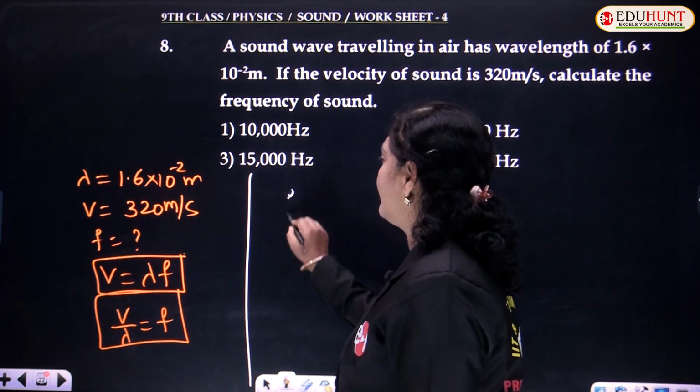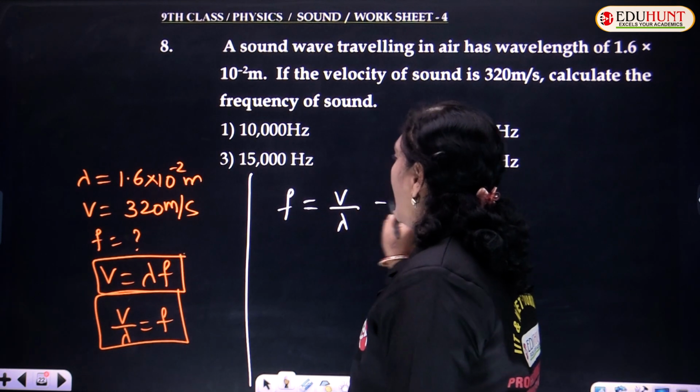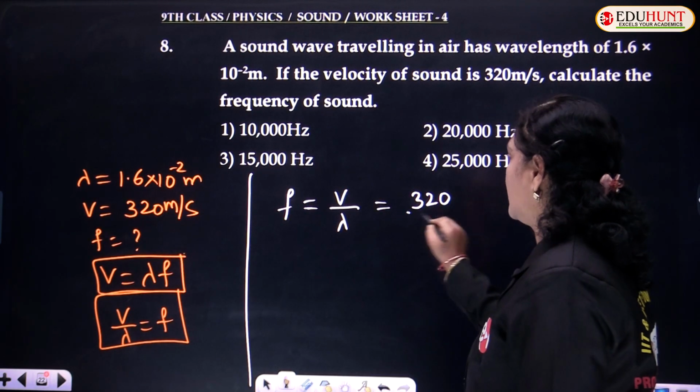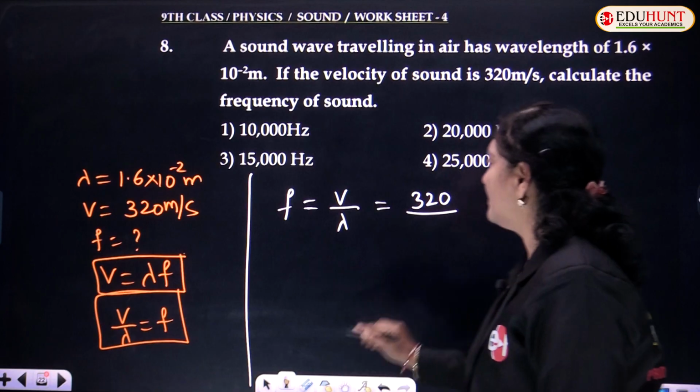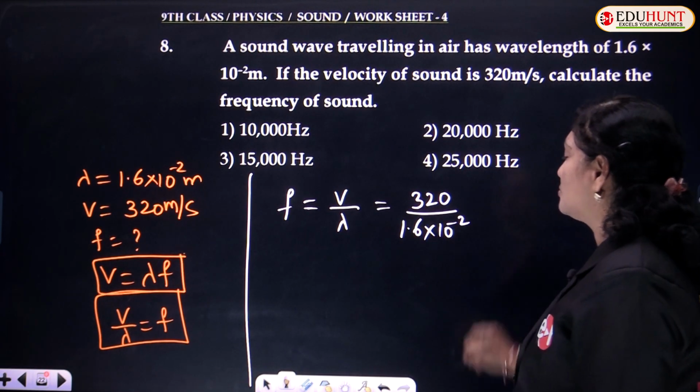What is the value of F? F is equal to V by lambda. How much is the value of V given? 320 meters per second. And the value of lambda was given as 1.6 into 10 power minus 2 meters.